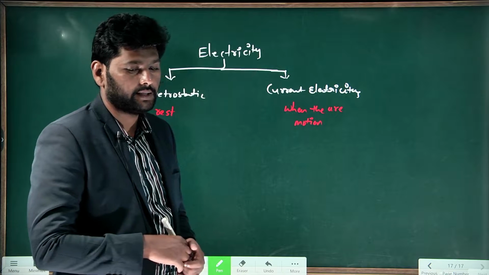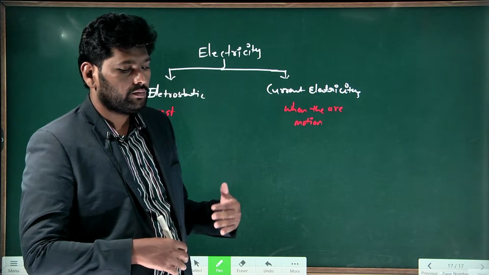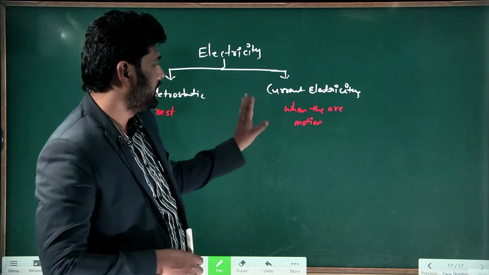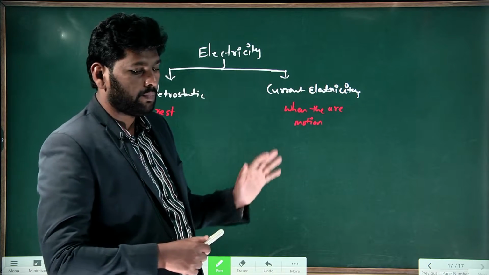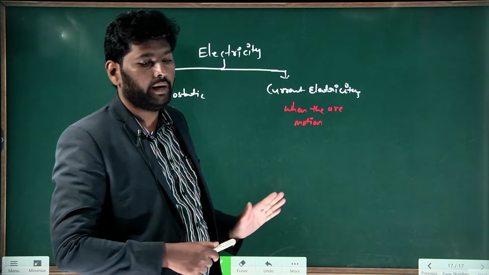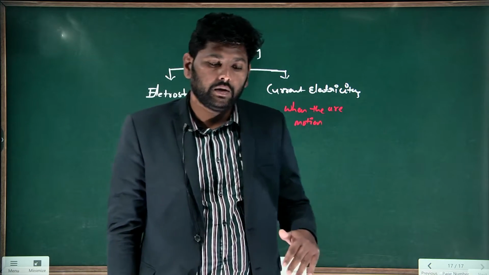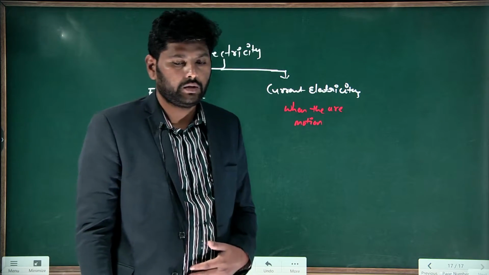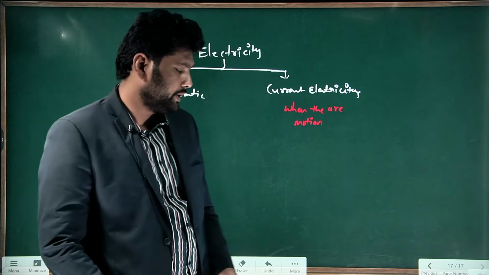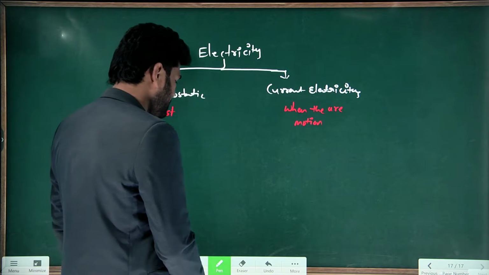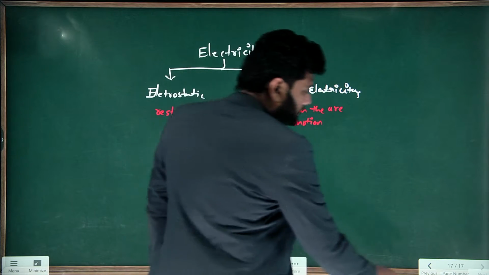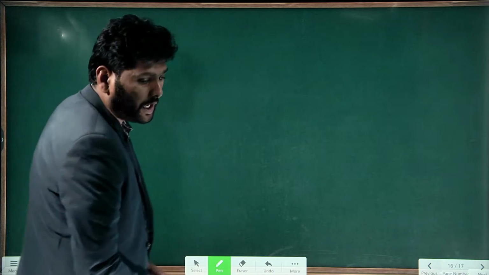But today we are going to explain current electricity, a part of the electricity branch. It deals with the motion of charges. Understand? So that is the topic today.